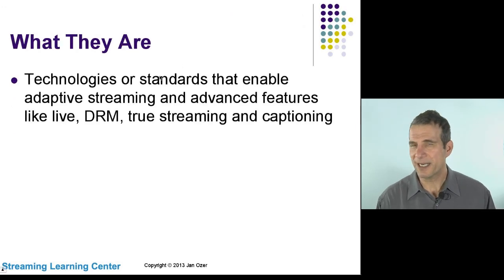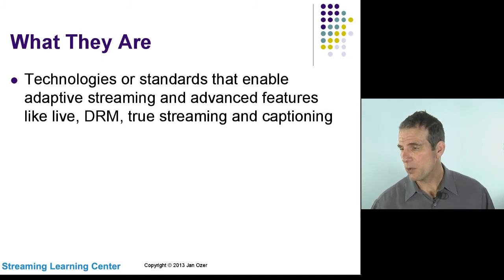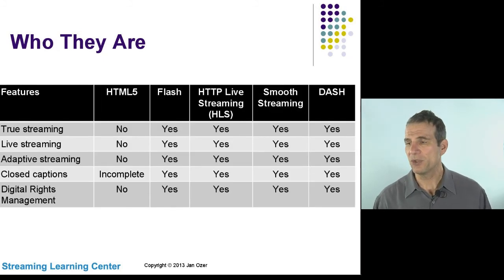What are these advanced technologies that I'm talking about? These are technologies that enable features like live, adaptive, real streaming, closed captioning, and DRM. Who are they? Flash can do all this for you. HTTP Live Streaming, an Apple technology, can do it for you. Smooth Streaming, a Microsoft technology, is kind of on the way out, but it's still being used by a bunch of different vendors and applications.